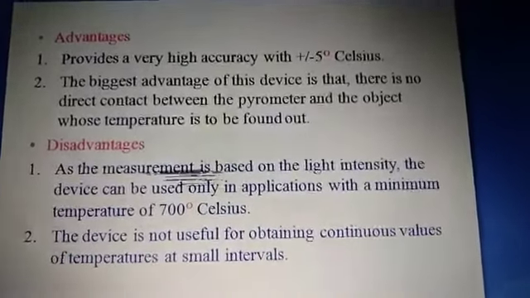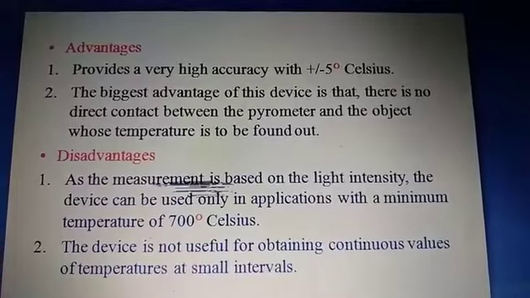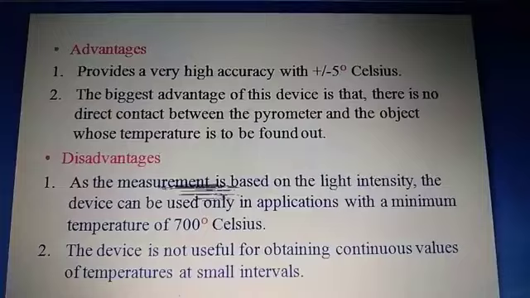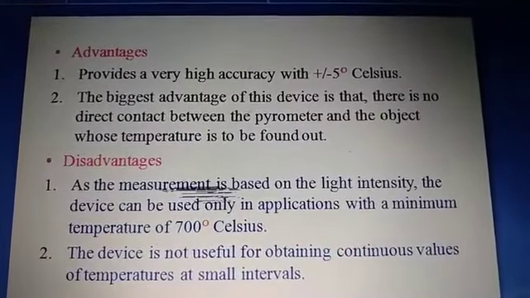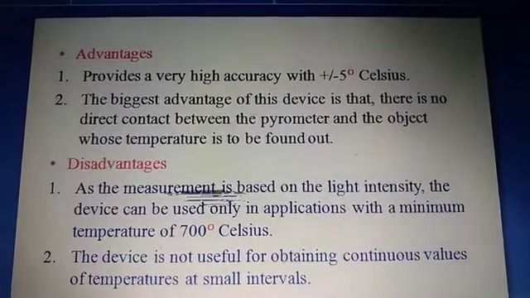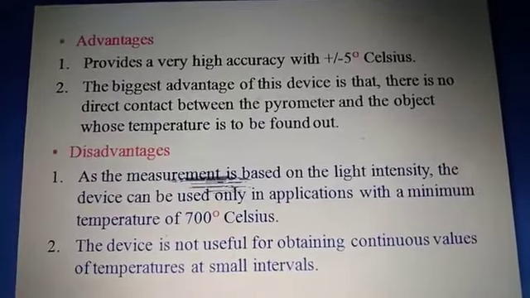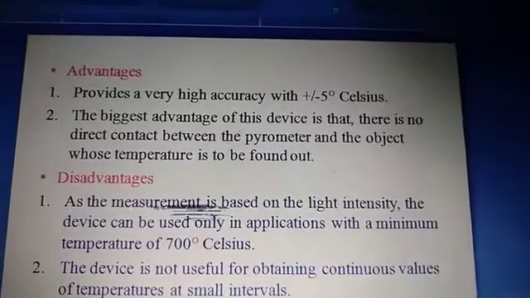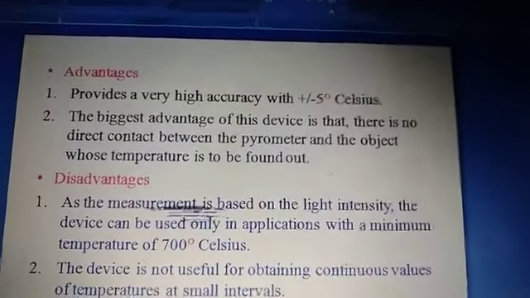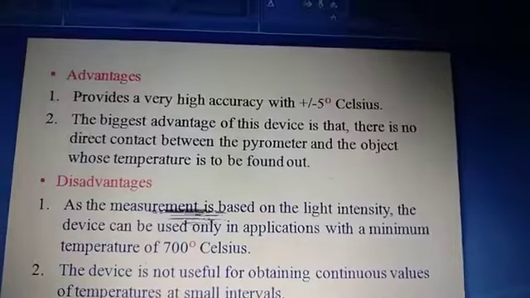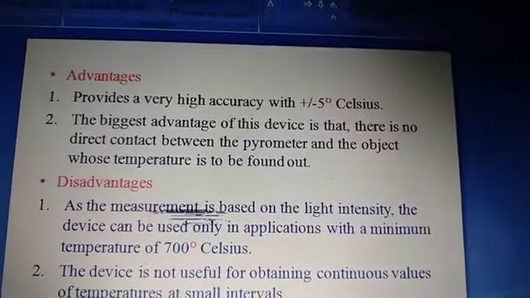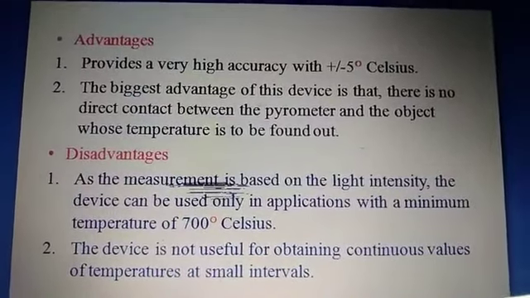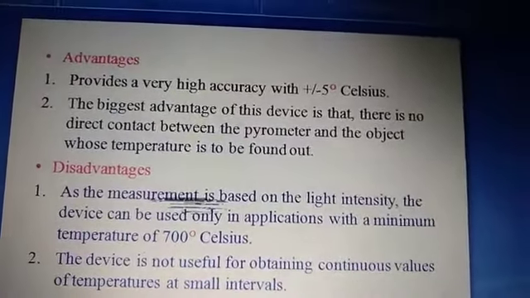The main advantage is that you can place the instrument at any distance, so it can easily operate when the heat source is far from the system. One biggest advantage of this device is that there is no direct contact between the pyrometer and the object whose temperature is to be found out.